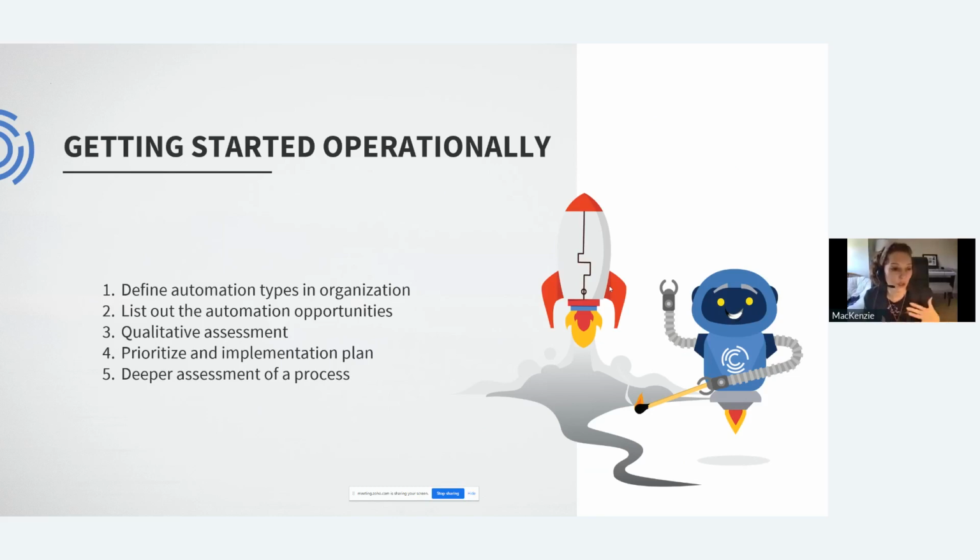I might want to start with defining automation types in an organization to give a common framework. This is an exercise we do with clients sometimes. So what are the types of automation? This just gives us a common language.